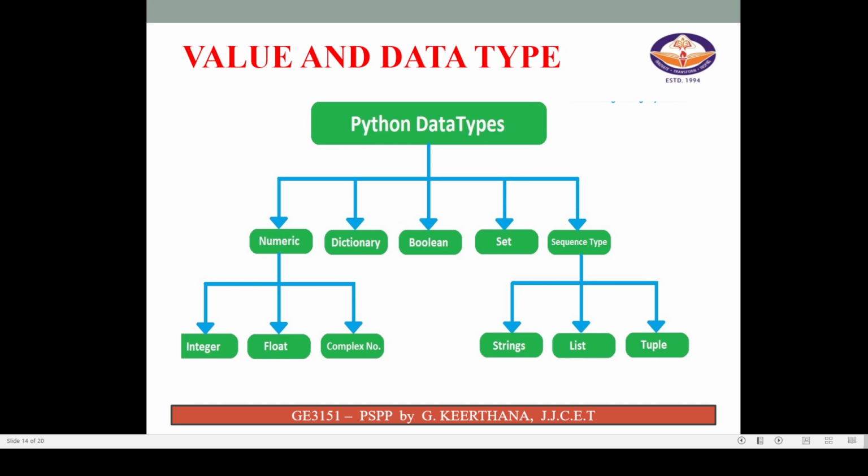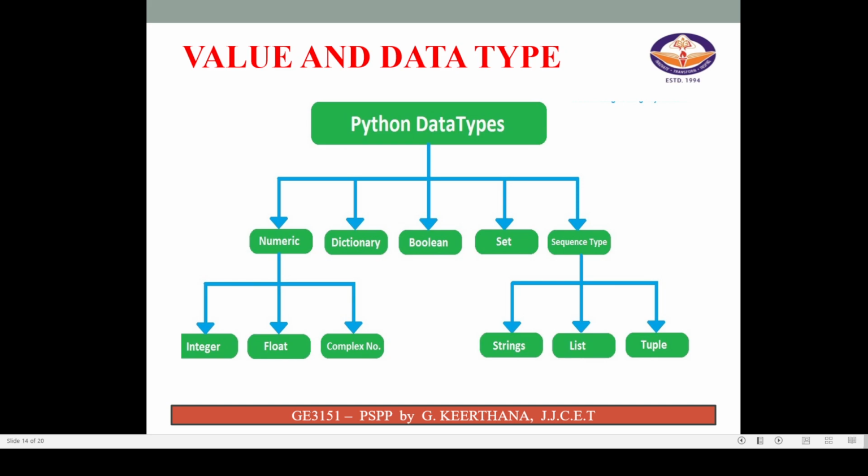Sequence. Sequence type is further classified into list, string and tuple. String is used to hold a sequence of characters such as a word, sentence or a paragraph. String can be enclosed in single quotes or double quotes. Example: 'hello'.